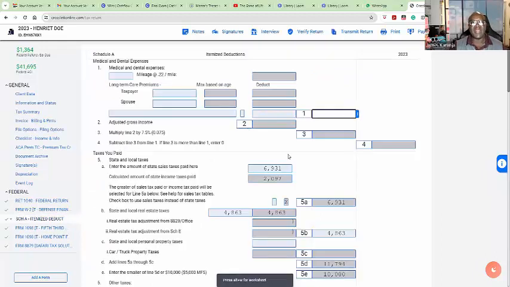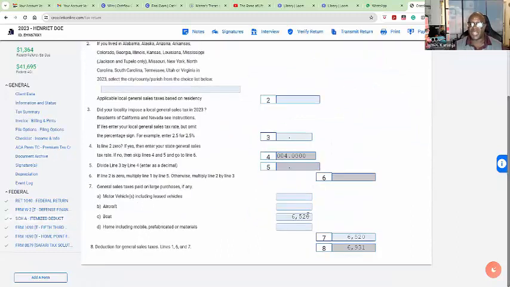And after we added that, if you check on the top left, you can see the federal refund has increased. Okay, it has increased to 1,364. But that's just a guess. I'm trying to show you what difference it makes when we have the sales taxes. If you bought an aircraft, that one too, the sales taxes that you paid.